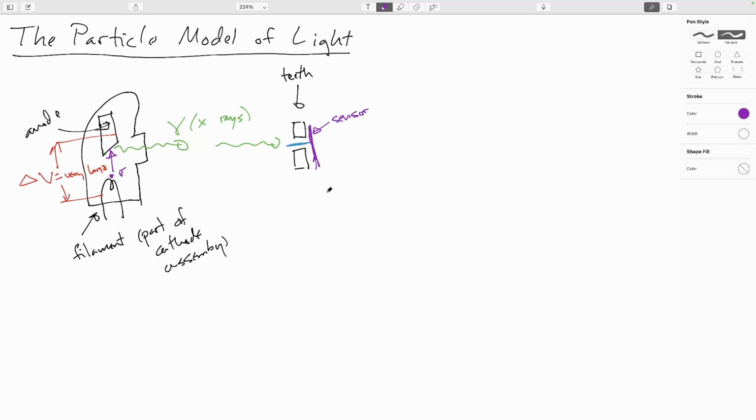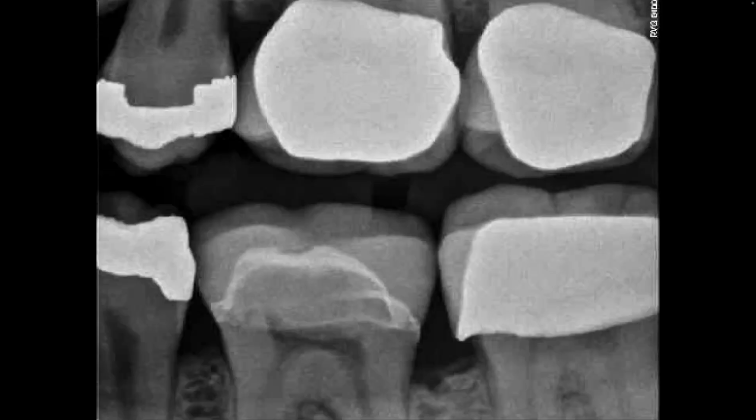And what happens is when they take the exposure, X-rays get sent out of the tube through your teeth, and the ones that make it to the sensor get recorded, and you end up with an image that looks something like this. So here, the way these get read might seem a little weird.